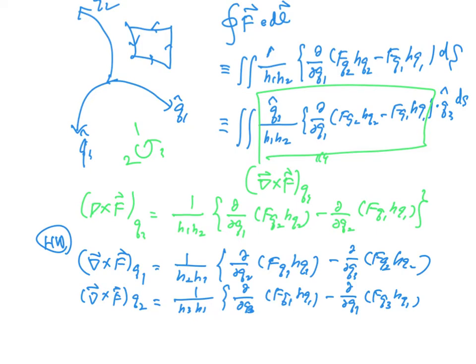So the curl, you can just write it down. It's very easy to remember that. F is Q1. Q1 is always coupled with 2, 3, right?